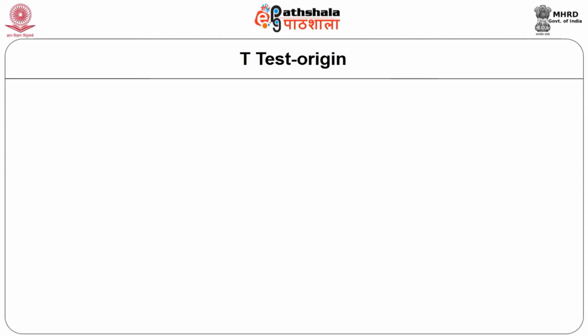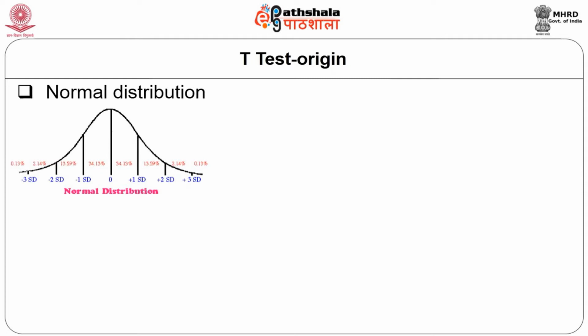For doing this t-test, which we call a parametric test, what are the assumptions to be followed? There are basically three assumptions. One is normal distribution. The data you got from the experiment should follow normal distribution.